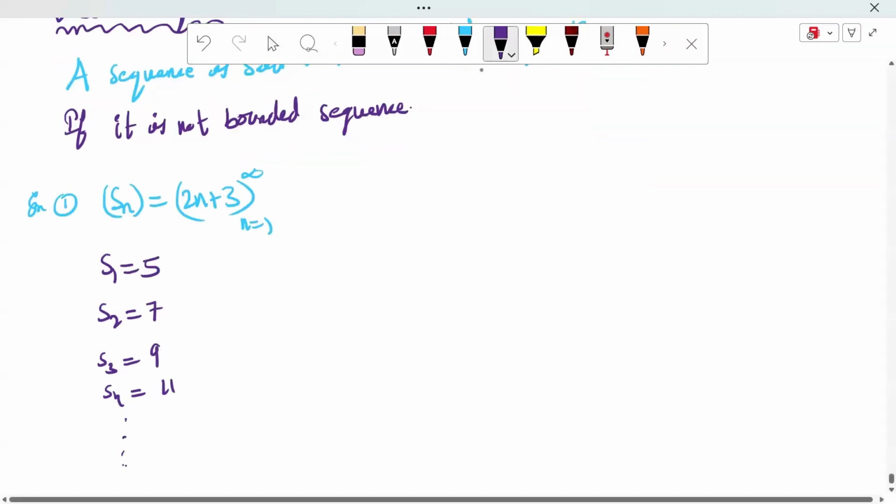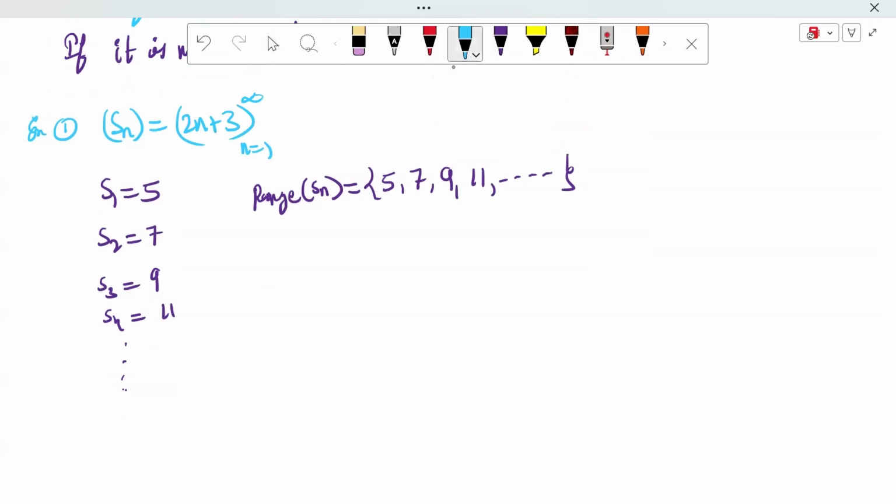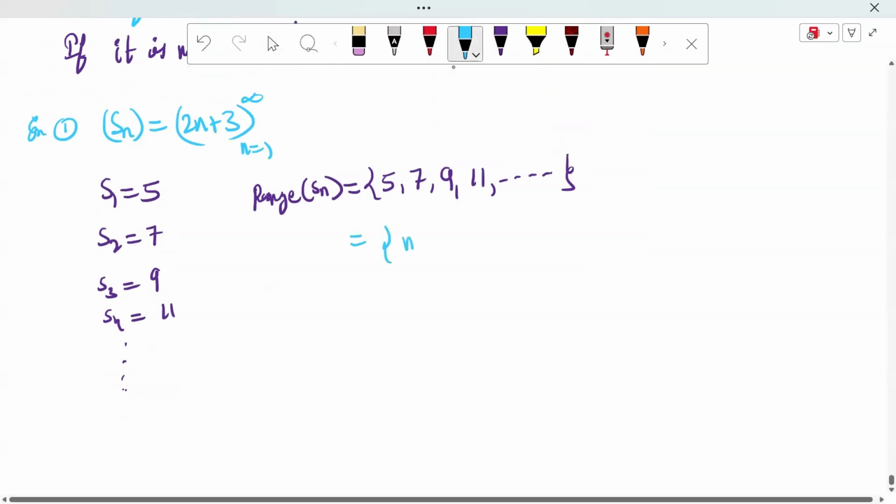What is the range of Sn? The range is 5, 7, 9, 11, and so on. It is nothing but 2n plus 3 such that n belongs to natural numbers.